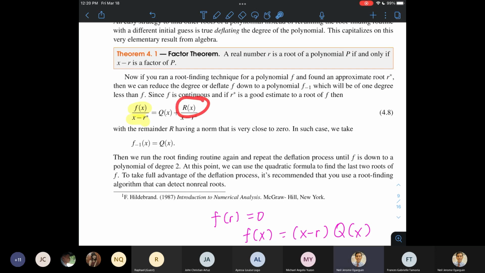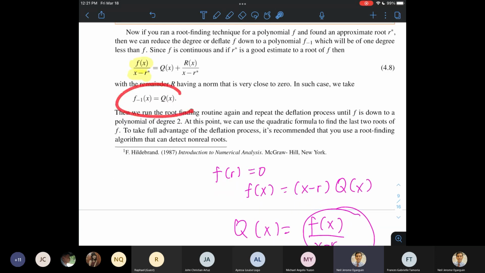then this polynomial r of x, this remainder r of x, will have norm very close to zero, so small that it is insignificant, na pwede na natin siyang ignore. So in this case, kapag maganda talaga yung root mo, magiging maliit yung remainder, pwede natin siyang i-ignore.